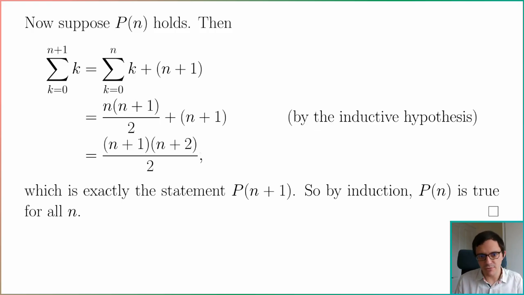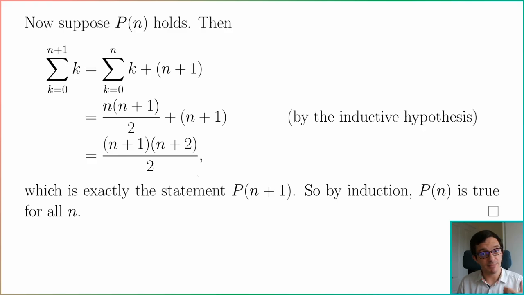This is the statement Pn plus 1, by which I mean that the thing on the left being equal to the thing on the right down here is the statement Pn plus 1. To check what the statement Pn plus 1 is, you need to go back and look at the thing in the question and imagine that it was n plus 1 wherever you see n. It's maybe helpful to write out the family of statements that we've got, if you're interested in substituting n's with n plus 1s.